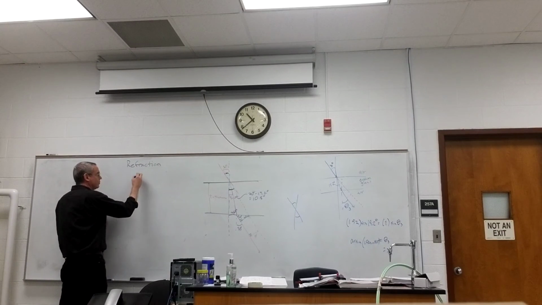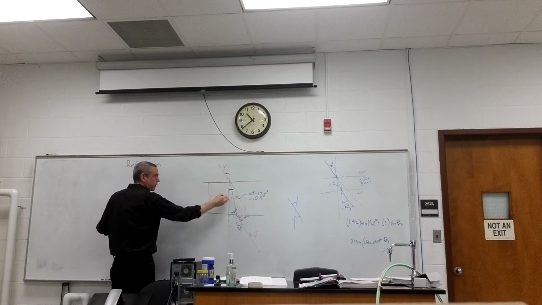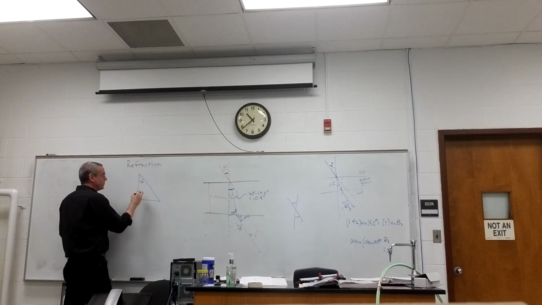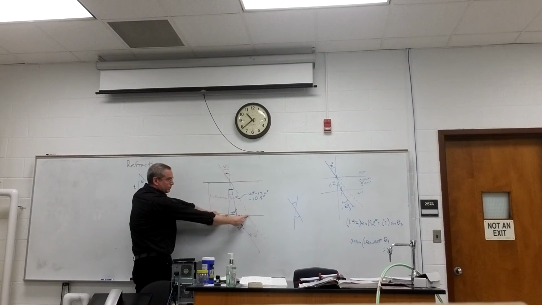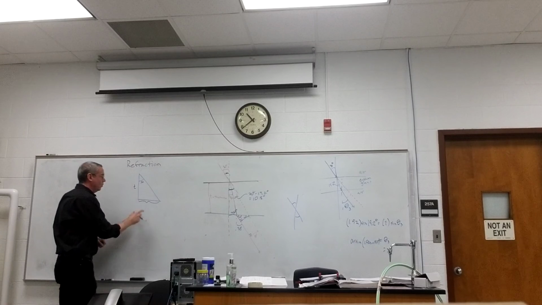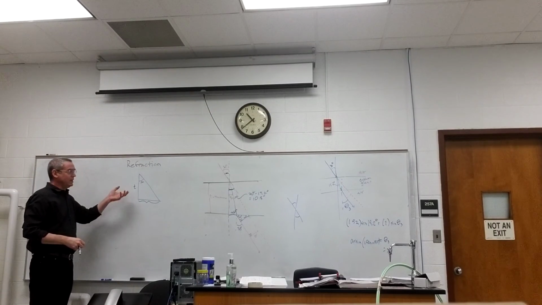Let's take a look at this triangle right here. This is the 30-degree angle here. That's 30 degrees there. This is some thickness t, and I want to figure out what is that distance, in other words, from here to here. If you know t, how would you find that?